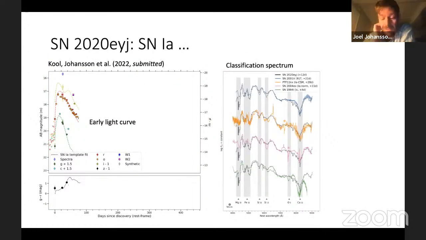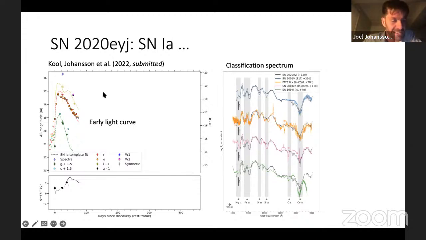And here's another example that we found 2 years ago with ZTF. Early on, it looked just like a, quote, boring, normal, vanilla type Ia supernova.